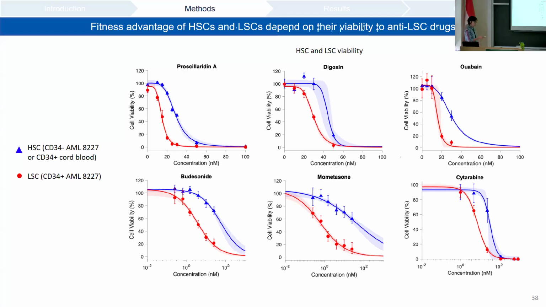And you may see here, I have on the top row the 3 cardiac glycosides, proscillaridin A, digoxin, and ouabain. I have the 2 glucocorticoids, budesonide and mometasone, but we also have the viability assays for cytarabine. The reason why we were also interested in looking at cytarabine is that it's part of the standard of care, but it's also currently used in high doses as consolidation therapy in patients.